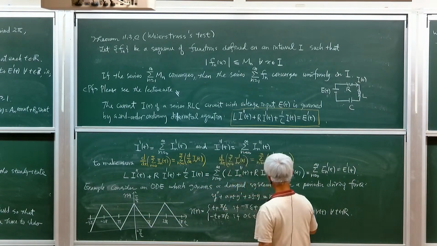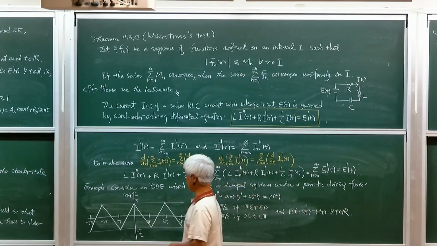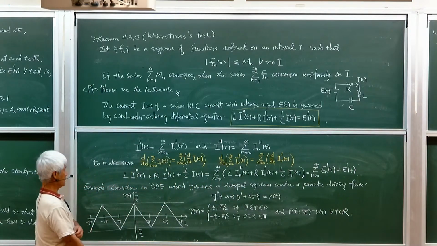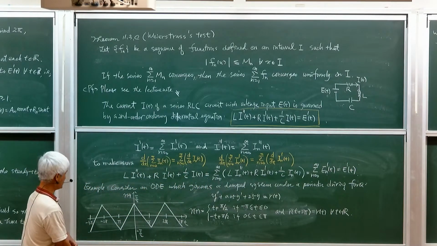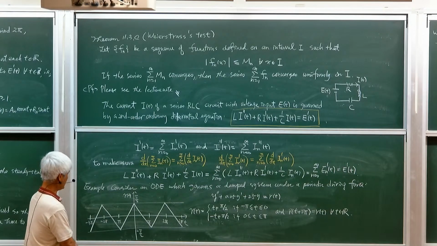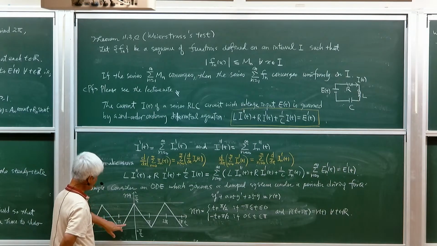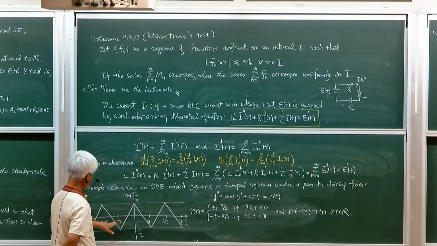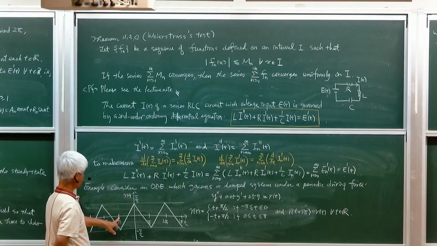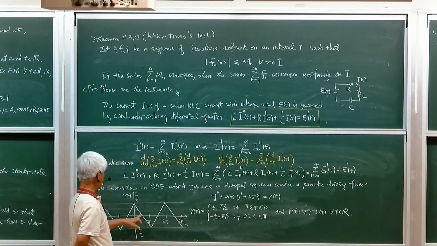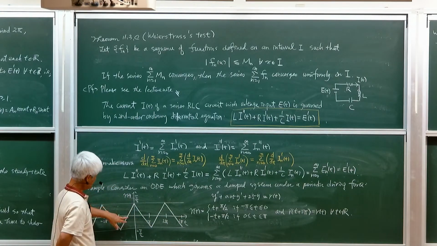And as you can see, it has left-hand derivative and right-hand derivative at every point. Okay, and in here you can see that except the integral multiple of pi, if x is not integral multiple of pi, that is differentiable.